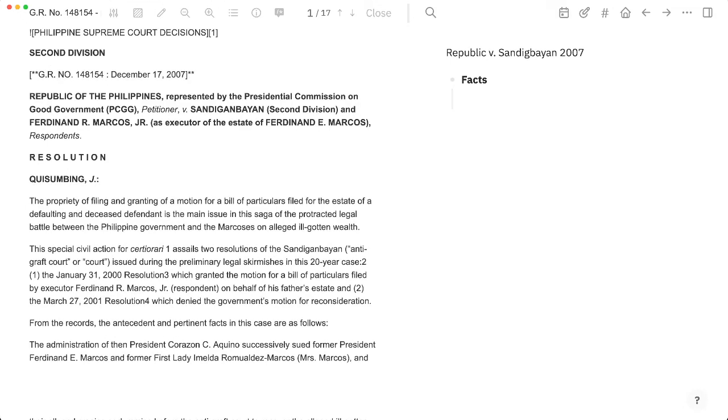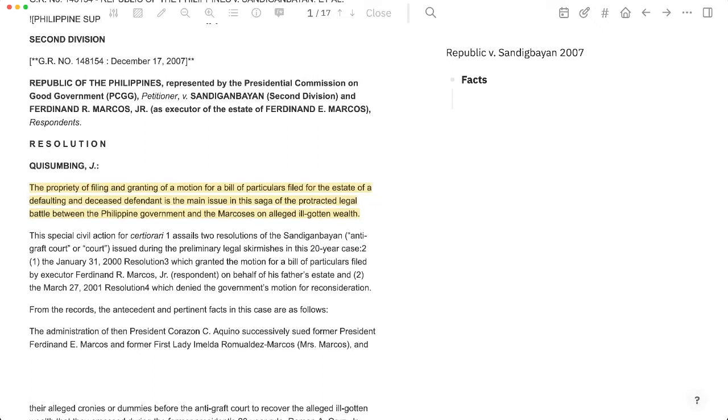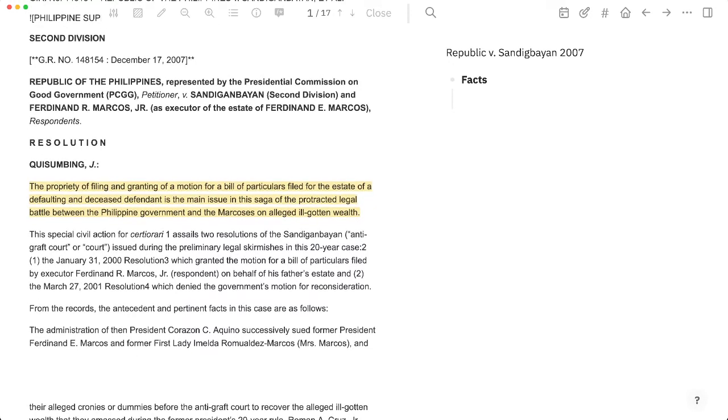So gawin natin is ito yung introduction. So lagyan muna natin ng yellow yan. The propriety of filing and granting of a motion for a bill of particulars filed for the estate of a defaulting and deceased defendant is the main issue. Oh, the main issue. So let's just skip it. Yan the main issue.